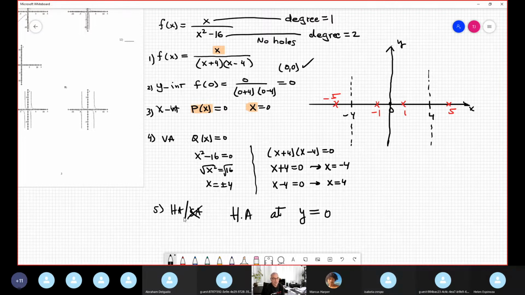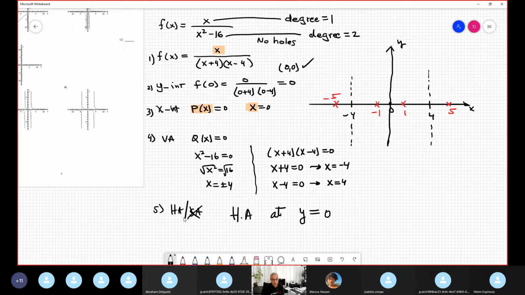Remember that in this analysis, I separate into pieces, no? When the degree is the same, it's the regular case: the horizontal asymptote is at y equal to the division of the leading coefficients, the coefficients in front of the monomials that have the higher degree in the top and the bottom.